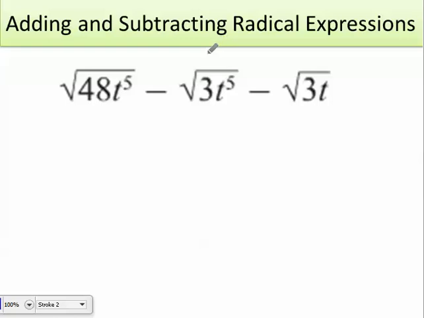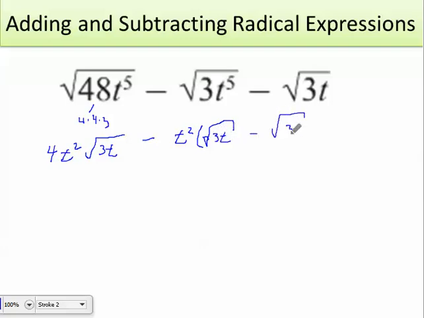Okay? Let's try this one. I'm going to first of all break each one of these terms down. 48 breaks down into, let's see here, 4 times 12, or 4 times 4 times 3. Yep, so that's going to be 4t squared square root of 3t minus t squared times the square root of 3t minus square root of 3t.